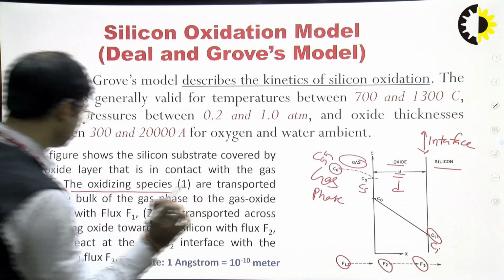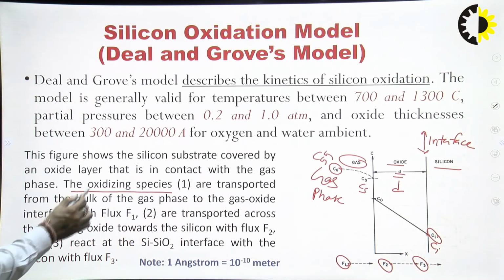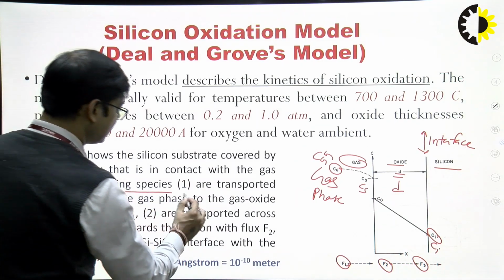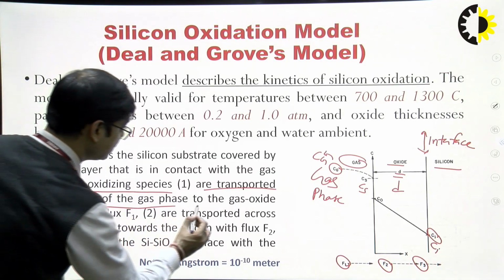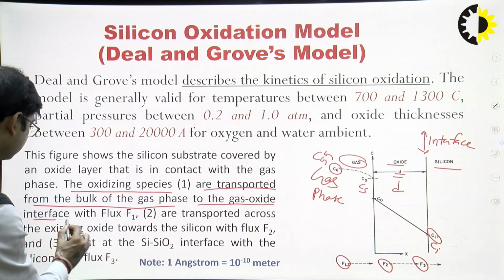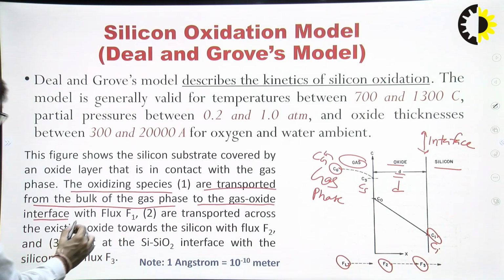When the oxidation takes place, the oxidizing species are transported from the bulk of the gas phase to the gas-oxide interface with flux F1.